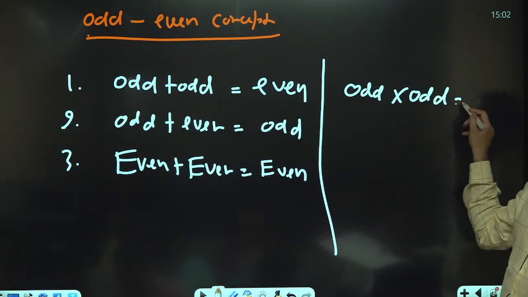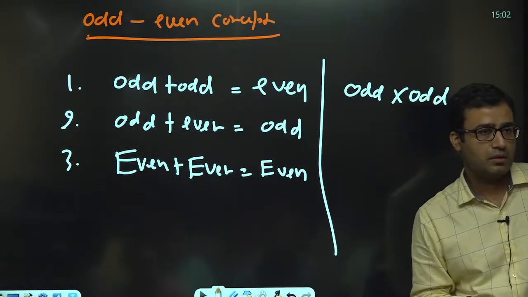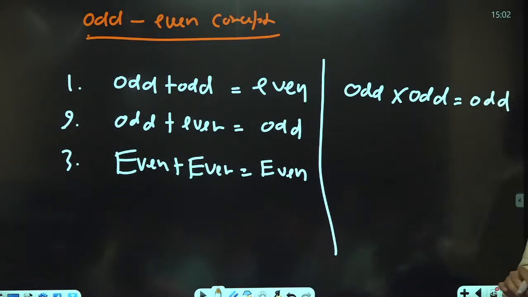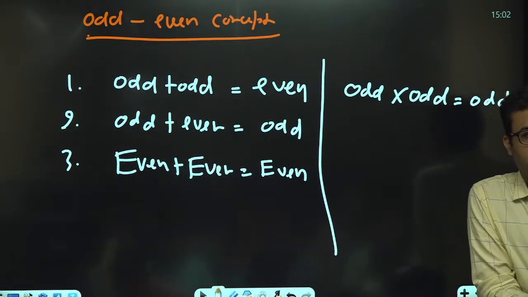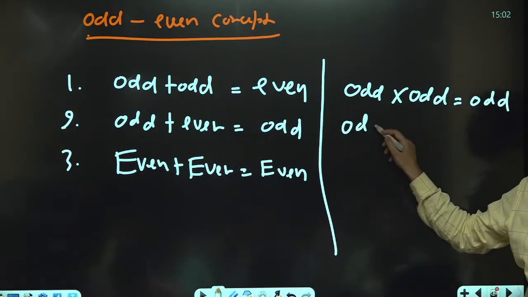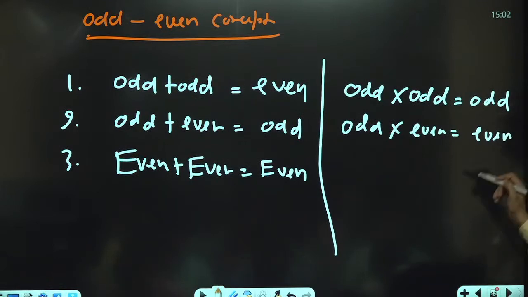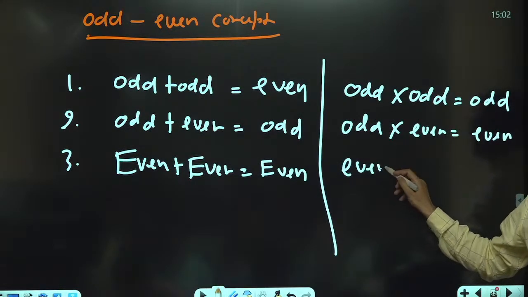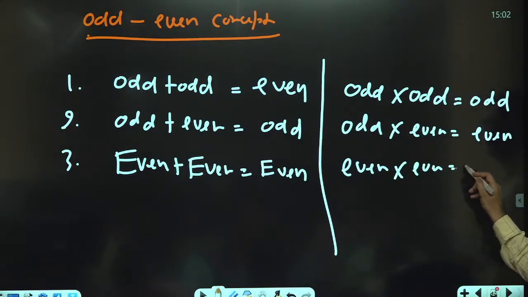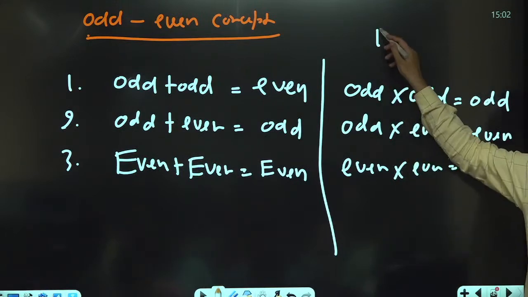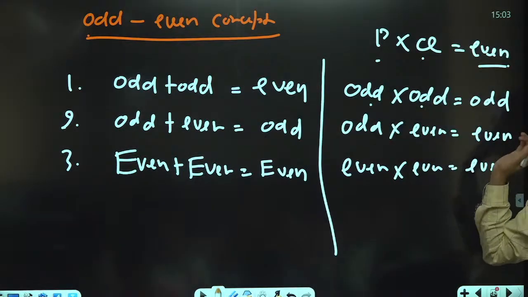Multiplication of two odd numbers is always odd. If one number is odd, another is even, even. And if both are even numbers, even. If I say P and Q, odd into odd is always odd.